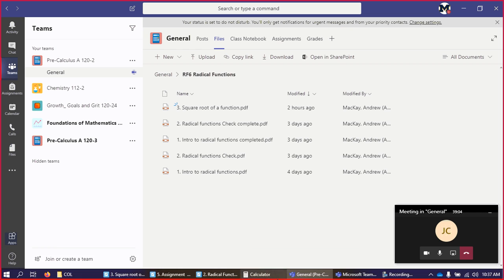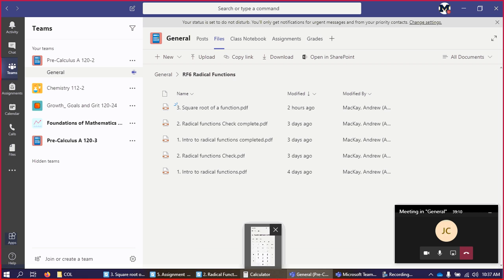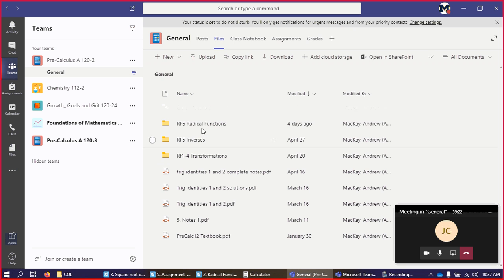So if we finish the assignment from last week, then we're caught up, right? Yeah, I'm going to probably put another one up at some point this week, but it'll just be on RF 5 and 6, the inverses, because there's not a whole lot in either of them.